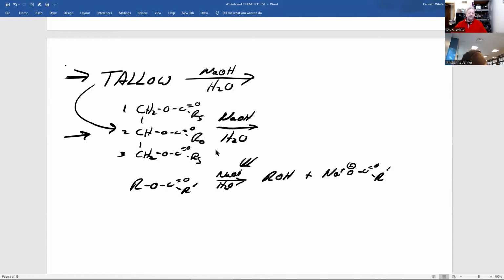So if we look at this general reaction and do ester 1, R is CH2 bond to something, we'll get this alcohol. And then we'll get this carboxylate anion. It's called sodium stearate.